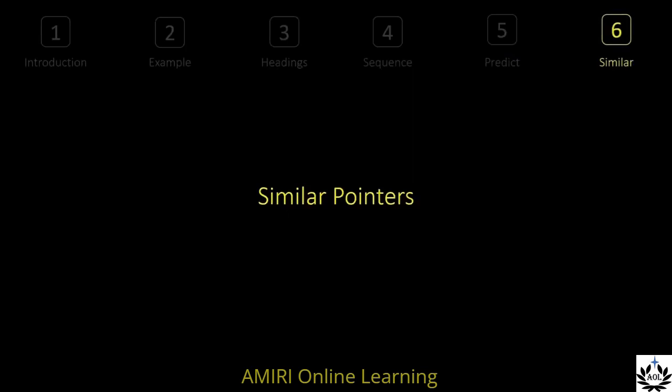The last one is similar pointers. What is the meaning of similar pointers? We have described pointers from earlier question types, for example, sentence completion, or let's say MCQs, where we have talked about a number of words. We have talked about many things like quick reading, or let's say speed reading. All these pointers will be applicable to this kind of question as well.